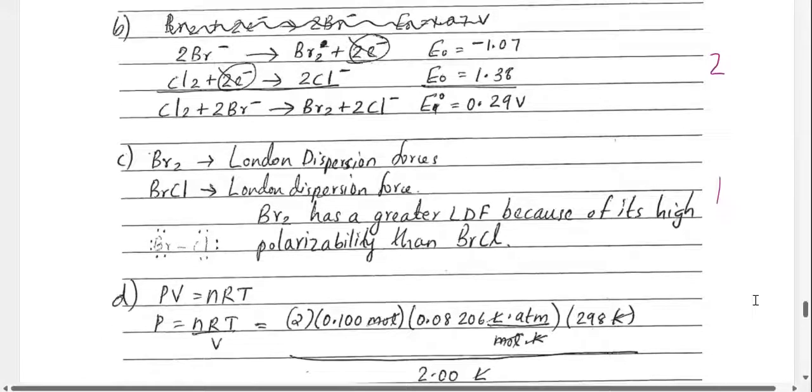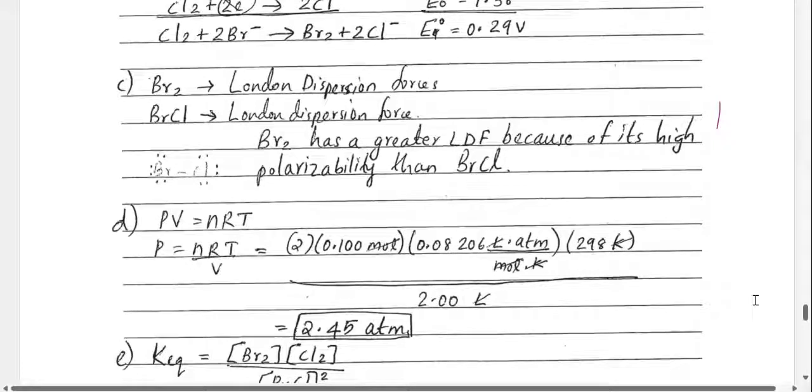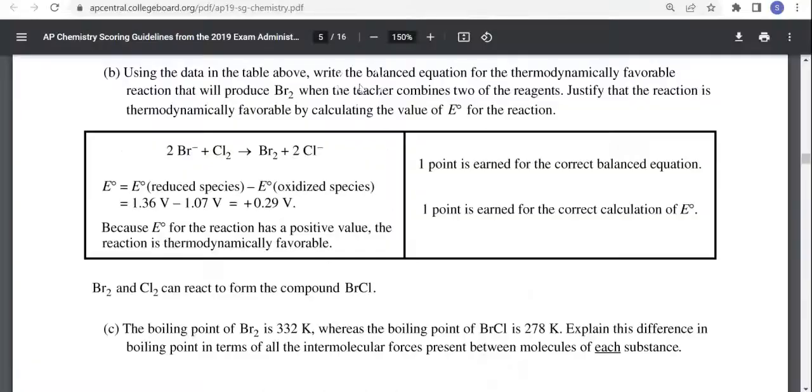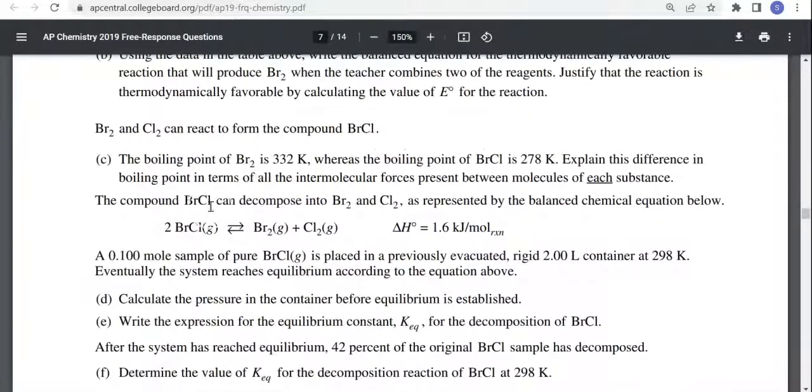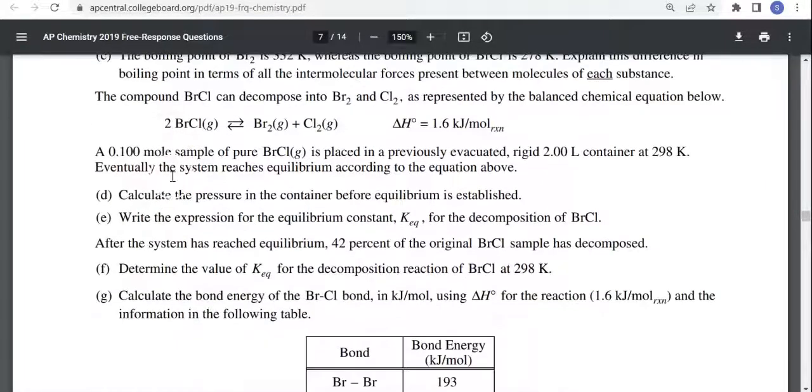Okay, D was the pressure, and okay, so they did use the ideal gas law. They did set it up correctly, but they multiplied by 2. I'm not really sure why. Maybe just because of this coefficient of 2, they thought they had to multiply it by 2. But no, that's not how it works.